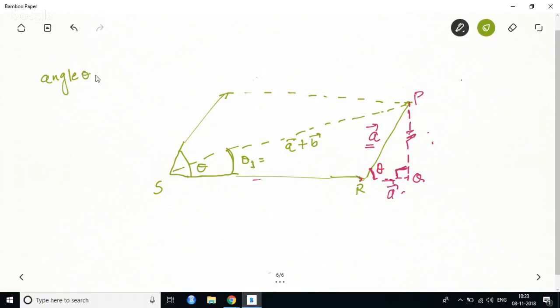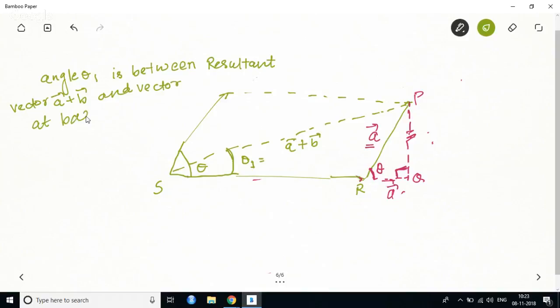Angle theta 1 is between the resultant vector a plus b and the vector at base, which is b here.